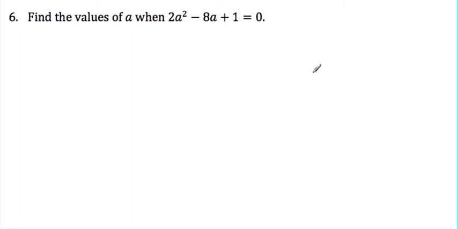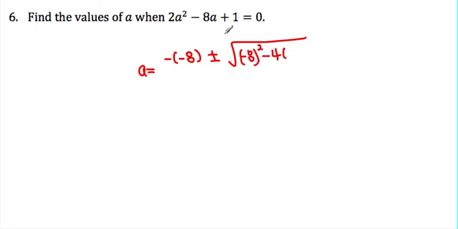Now I want you to figure out the value of a, or values of a, and you can see that it's not factorable. So what we could do is, in fact, use the quadratic formula. So pick this variable a, we called it, is negative b, which is negative 8, plus or minus square root of b squared, which is negative 8 squared, minus 4, a is 2, c is equal to 1, all over 2 times a, which is equal to 2.